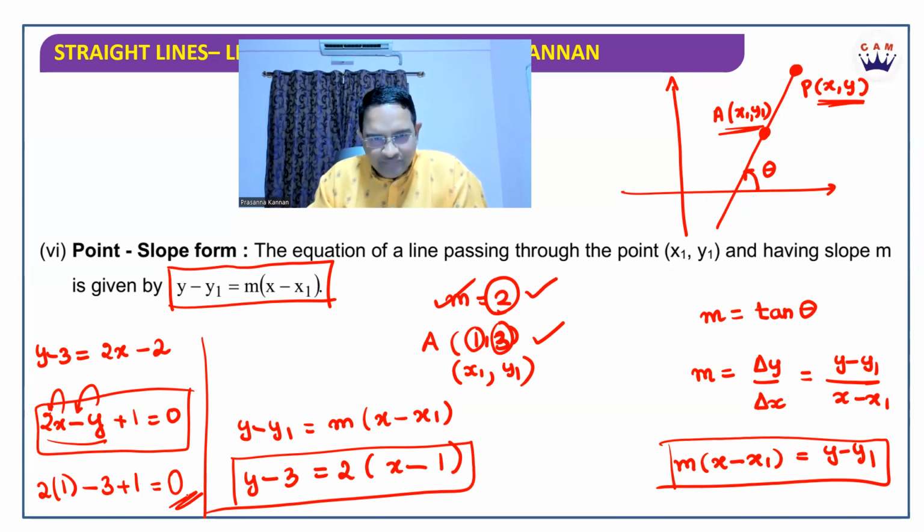Shall we go to the next form? Have you taken down? Now I can give you the slope directly like this, or I can give an angle theta, correct? If the angle theta is 45, what is the slope?